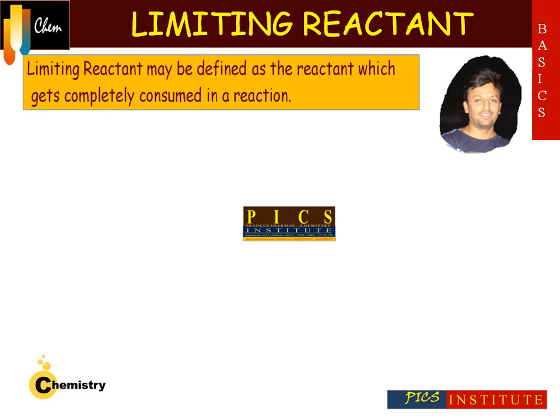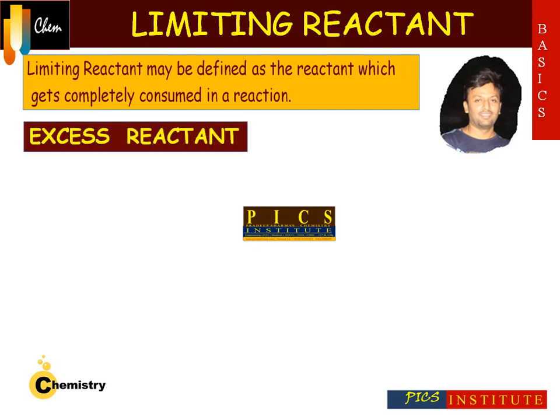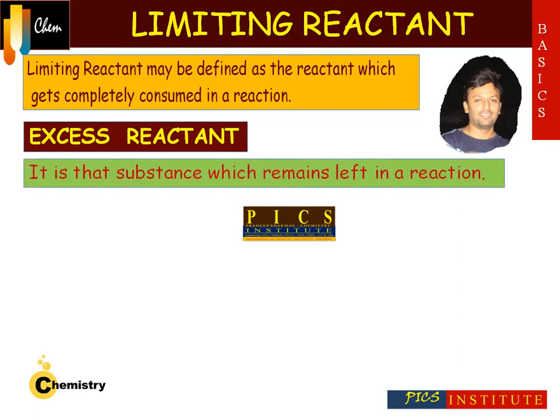It may be defined as the reactant which gets completely consumed in a reaction. So, the one which finishes first during a chemical reaction is called the limiting reactant, and the reactant which remains left during a reaction is called the excess reactant.